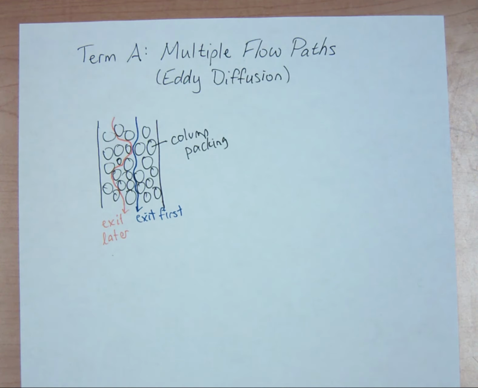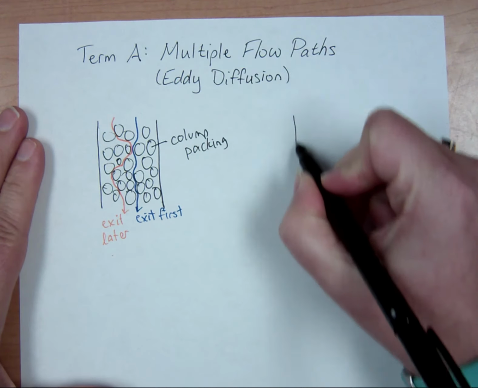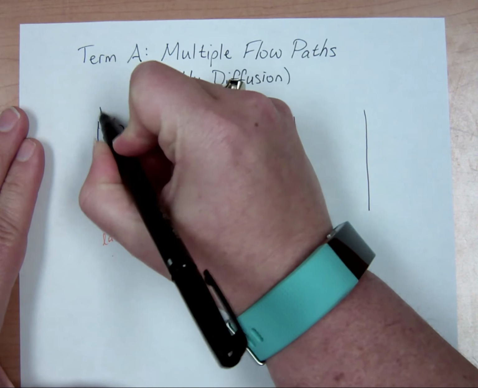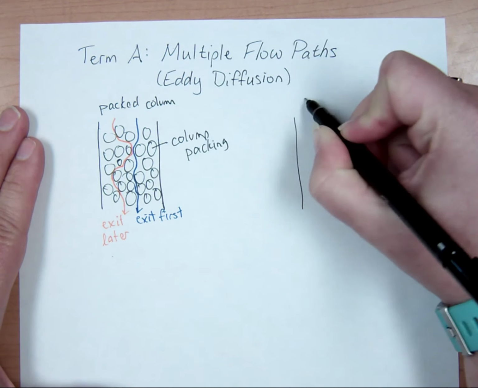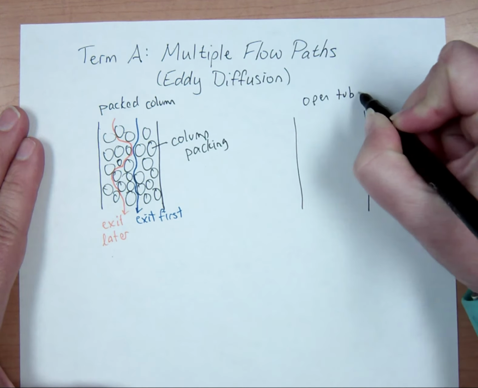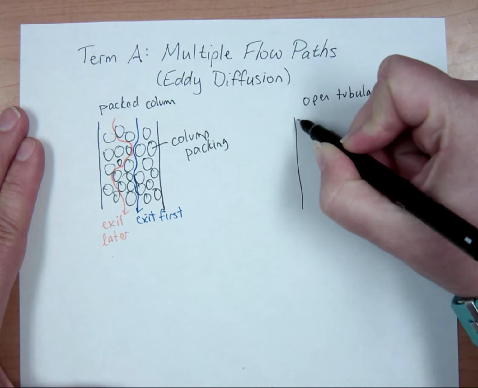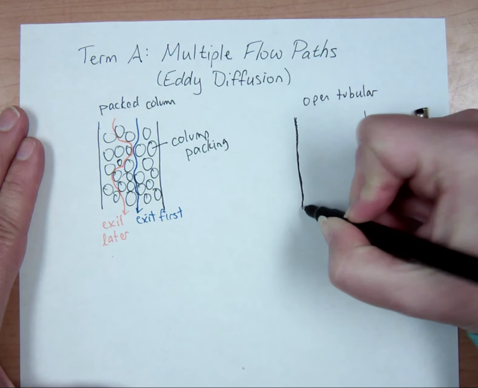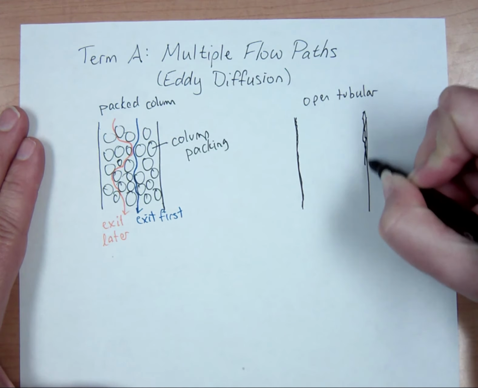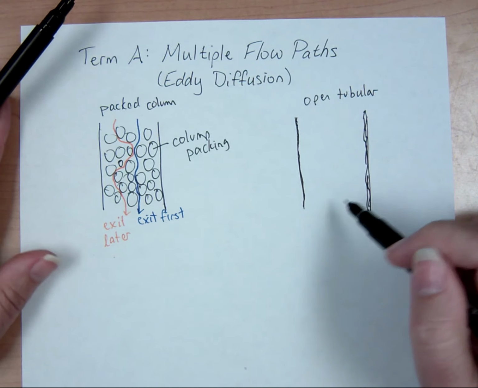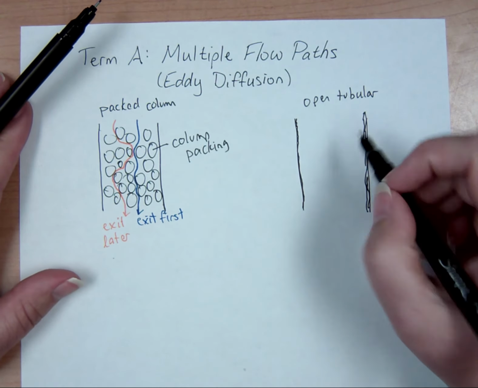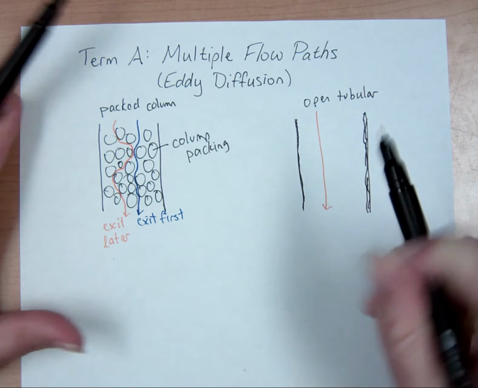Other things you can consider is, what if instead of having a packed column, we had an open tubular column? So this is our packed column versus an open tubular column. And remember that an open tubular column has the stationary phase just coating the exterior walls. Now here, when an analyte passes through, yes, it's going to have some Brownian motion and move around within the column, but largely it's going to go straight through the column.